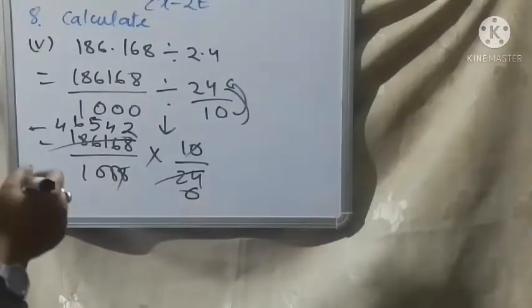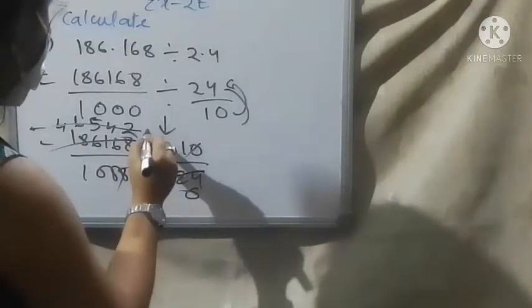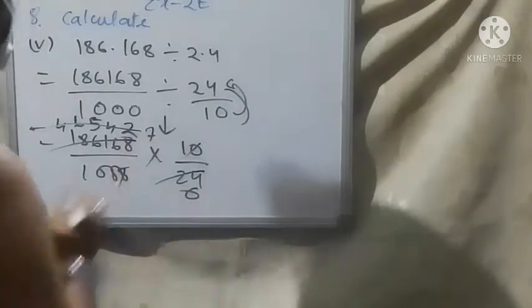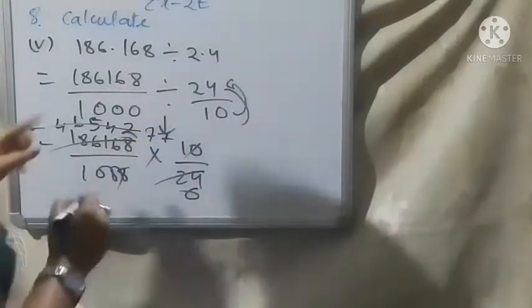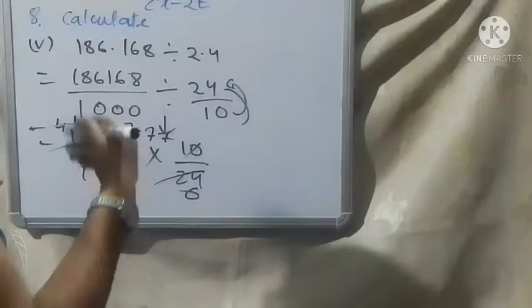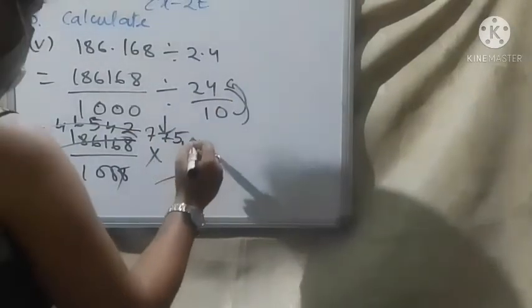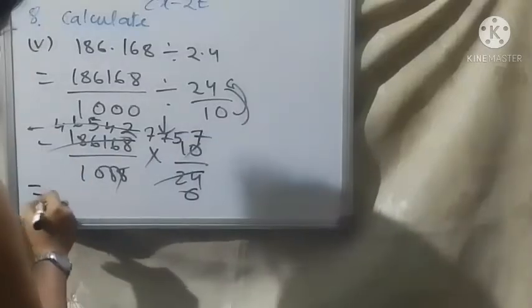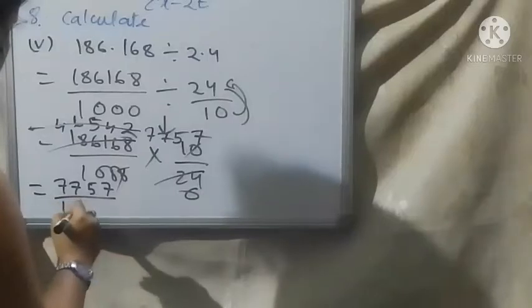Again 6 7s are 42. Yes, it is divisible by 6. 6 7s are 42. Again 45. Again 6 7s are 42. Again 34. 6 5s are 30. Again 6 7s are 42. So your answer is 7757 divided by 100.